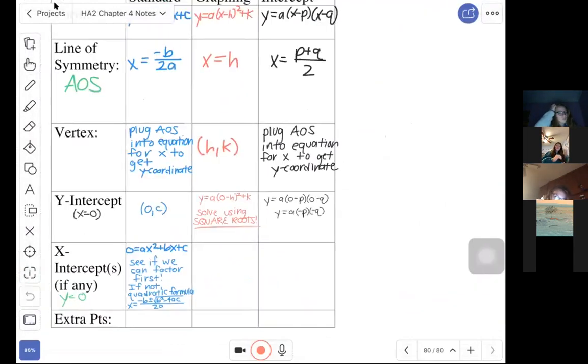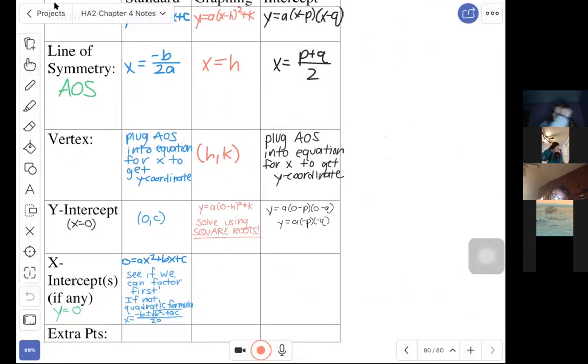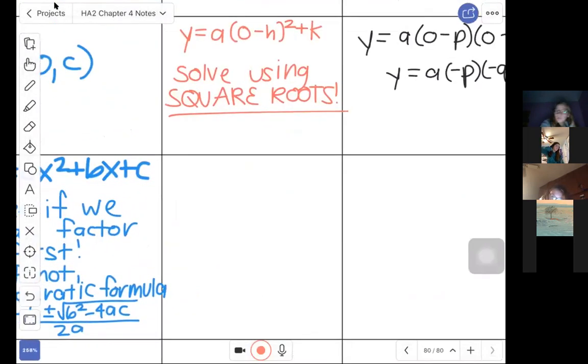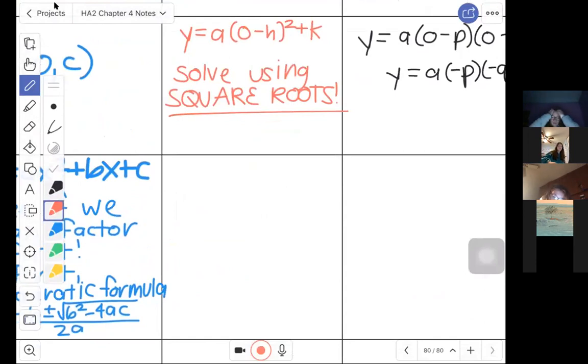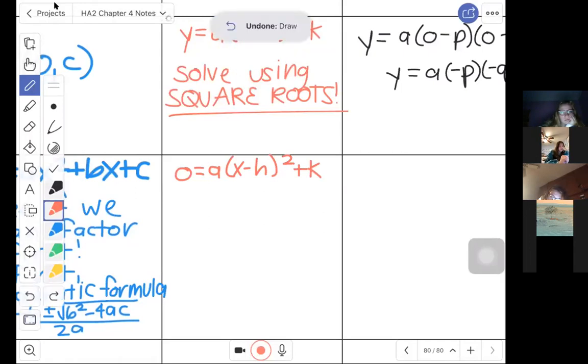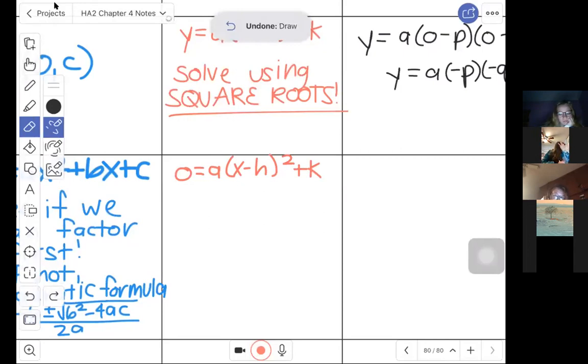X-intercepts for vertex form. We know we're setting y equal to 0. Now, of course, I got ahead of myself here. This is where you're using those square roots. When you're solving up here, that's just going to end up giving you a value. It's y equals. Miss Carp's getting ahead of herself this morning.